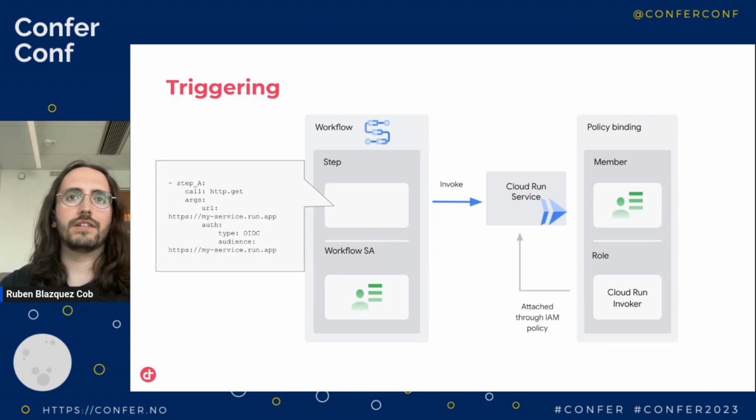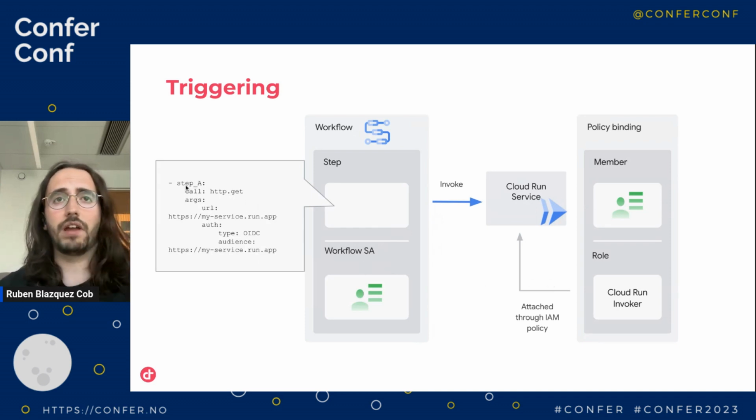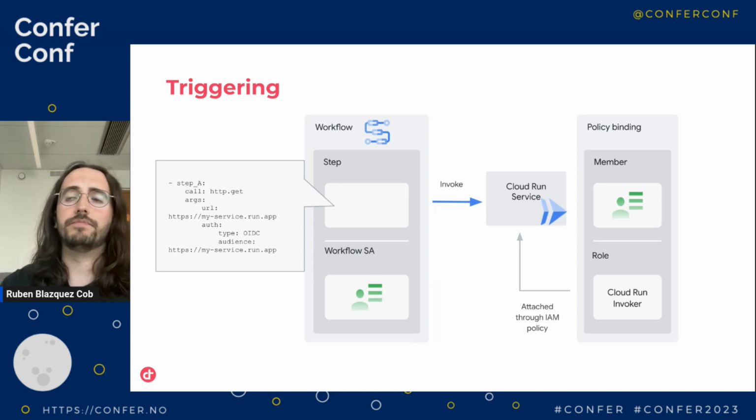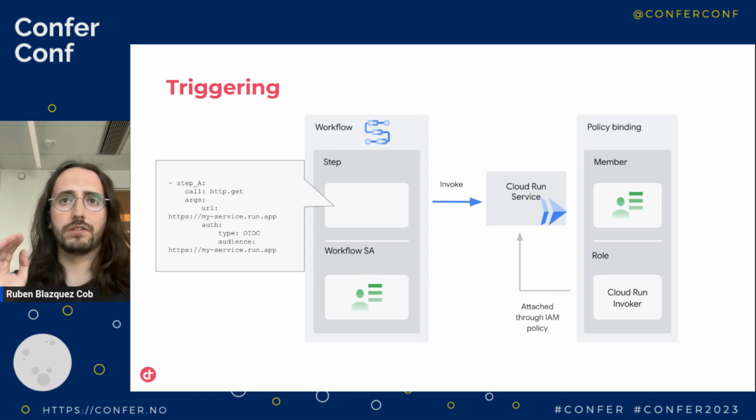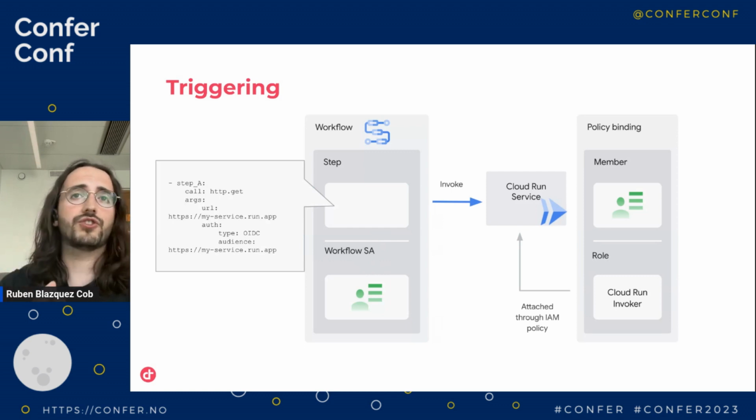So it makes it really easy, and just by having this small piece of code, you don't have to worry about making your own container, updating it, making sure that it's secure, making sure that it's up to date. You just have 10 lines of YAML code that is in charge of making sure you call your Cloud Run service, which is very much welcomed.